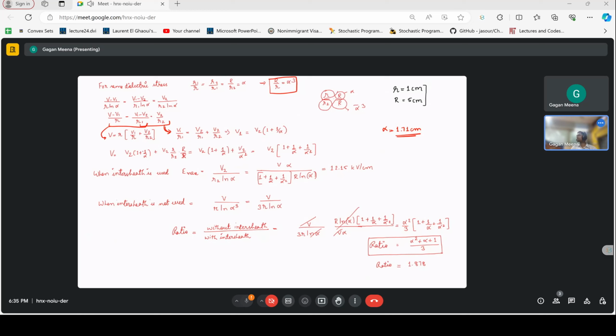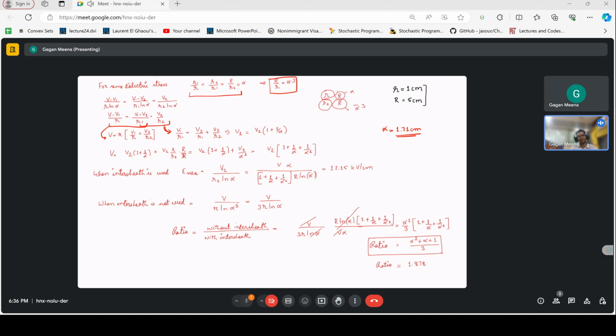R by R2 we don't know directly, so we multiply and divide by capital R. R2 by capital R is 1 by alpha, and capital R by small r is alpha cube.